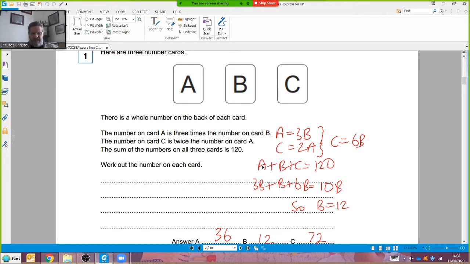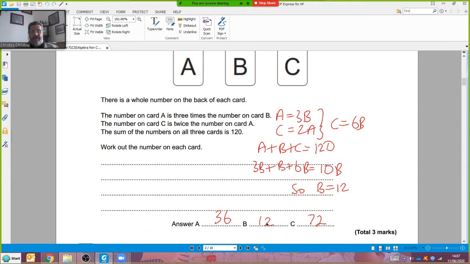Okay, so A is worth 3 B's, isn't it? That's what it says. And B is just worth B. And C is worth 6 B's. So 10 B's are worth 120 altogether. So a single B, the lesser number on the card, is 12, just by division.